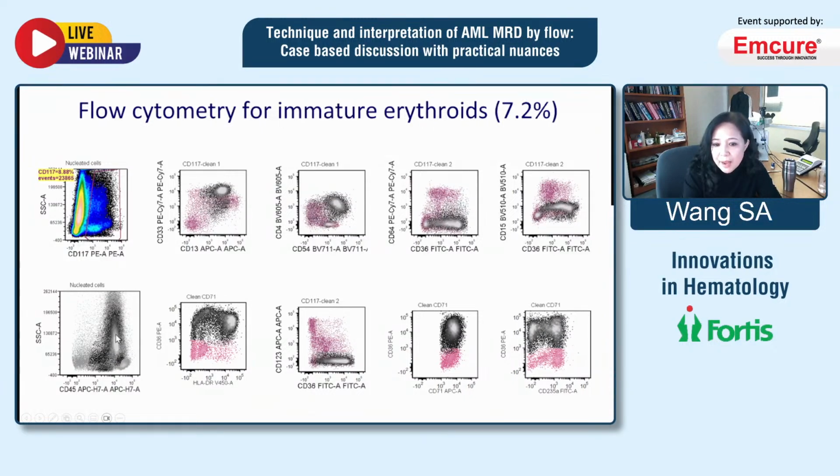And it turned out they're actually really not granulocytes. They contain the immature erythroid precursors with a lot of aberrancy, CD33, CD13, and they have CD34. They have CD36 erythroid markers, and they have CD71 and glycophorin. So these are the immature erythroid.